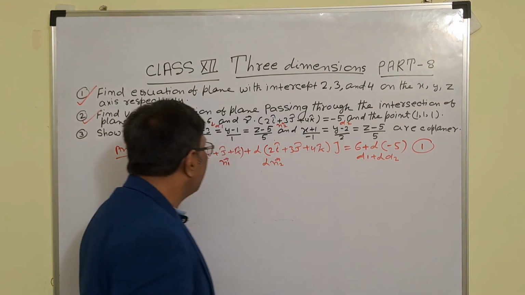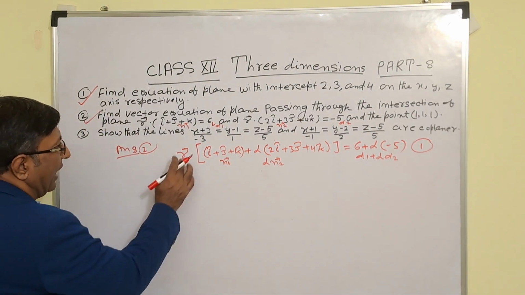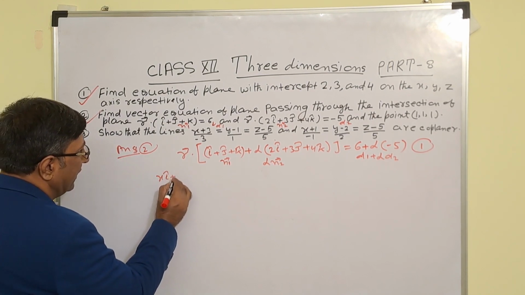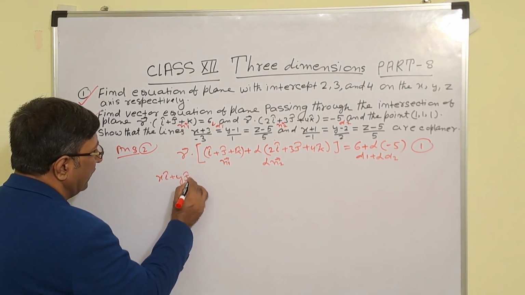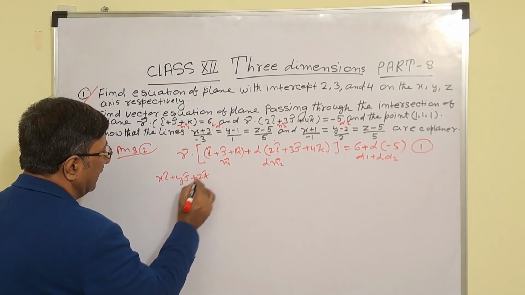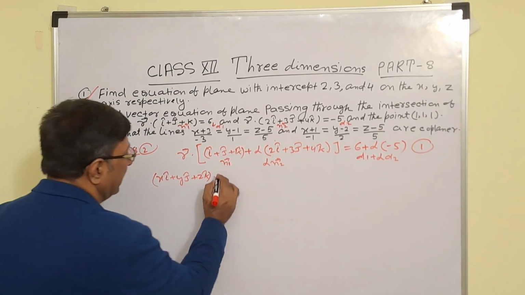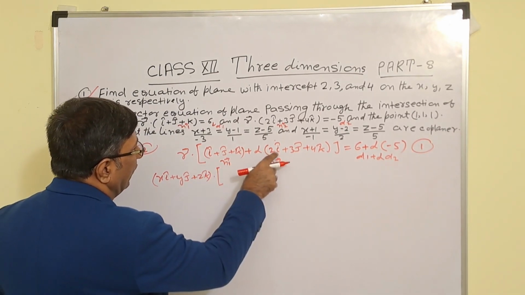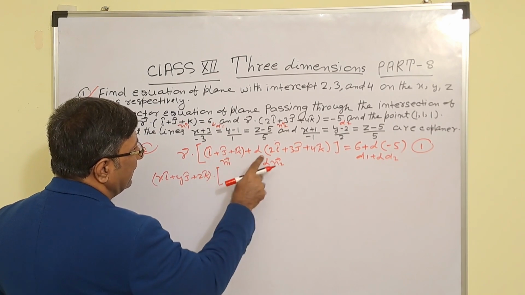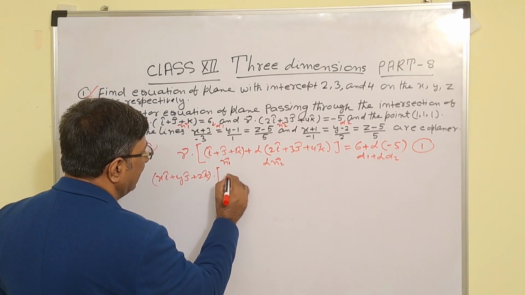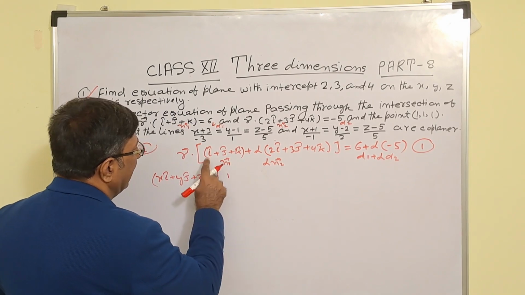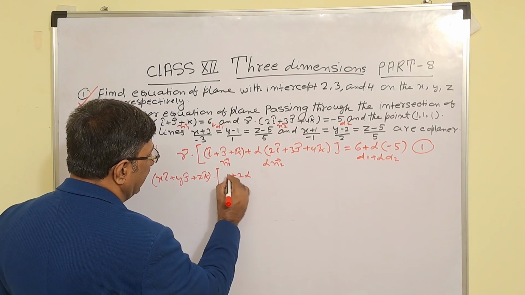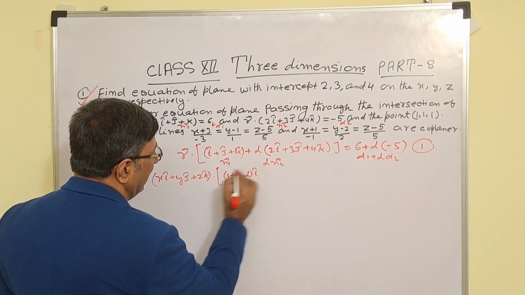So for finding lambda, what can we do? See, r vector we can write as x unit vector i, y unit vector j, and z unit vector k, dot. Here i plus 2i is 3i. Here i is common, so this is 1 plus 2 lambda into unit vector i.